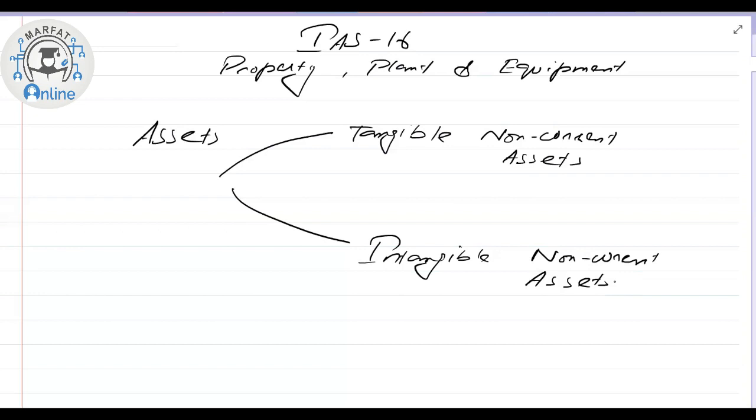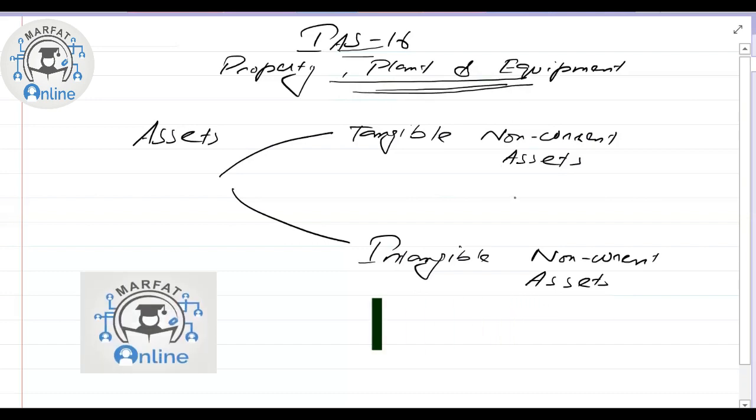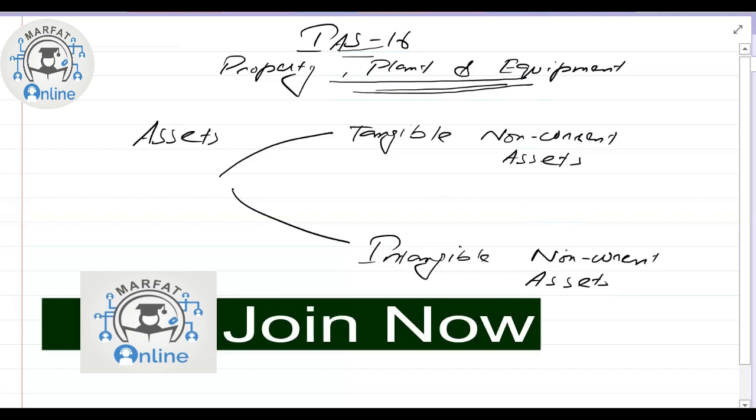When you are dealing with the corporate sector, there are so many things you will be facing. So you need to understand the standard in detail: if we are studying IS-16 right now, what assets come under the scope of IS-16 and which things are excluded from it.